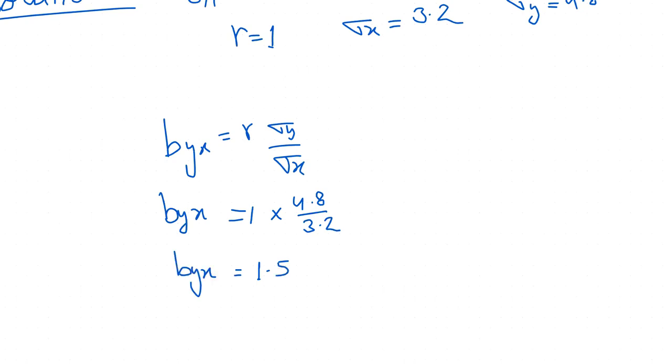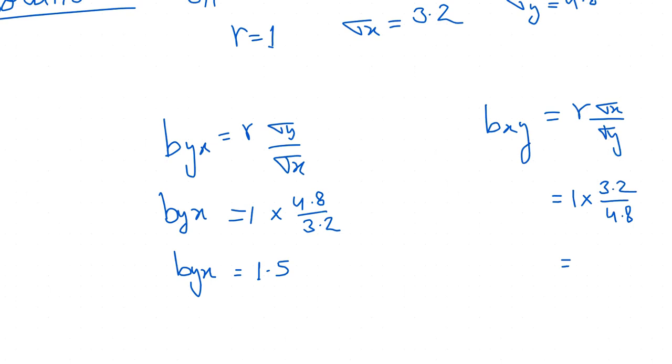And now let us find the regression coefficient of x on y. bxy is equal to r into sigma x over sigma y, equal to 3.2 divided by 4.8.